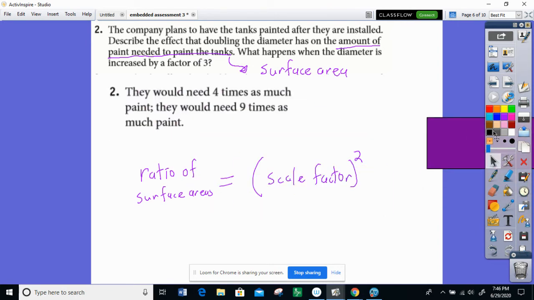So if we doubled the diameter, that would be the same as doubling the radius. That would give us a scale factor of 2. Squaring that 2 would give us a factor of 4 times as much paint. And if we increase the diameter by a factor of 3, then squaring that scale factor of 3 would give us a surface area ratio of 9 times as much paint.